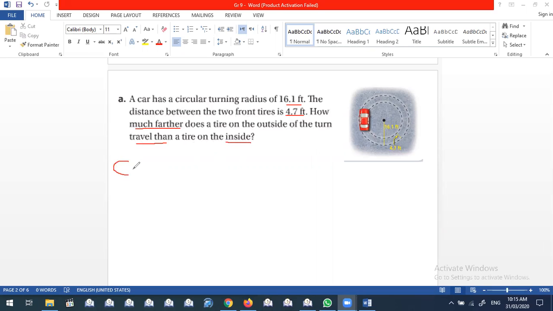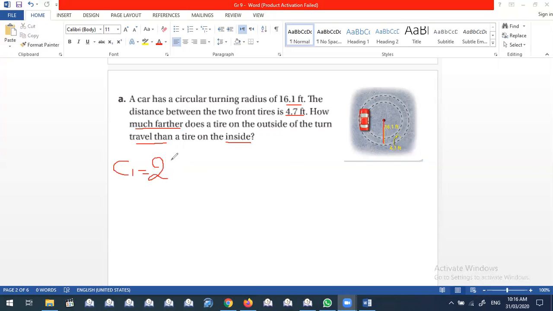Let's find the circumference of the outer circle first. The distance from here to here is 16.1. This is the radius of the outer circle. So find it first, no problem.